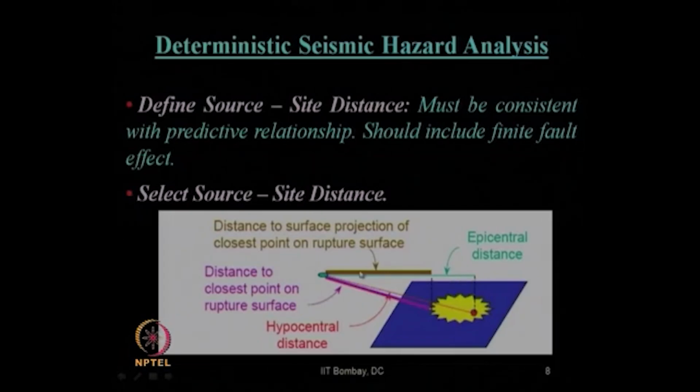If we consider the distance from site to the epicenter, that is known as epicentral distance. If we consider from site to hypocenter, it is hypocentral distance. We can consider the distance to the closest point of the rupture from the site, or the surface projection of that closest point to the site. So, these are various distances, and any of these we can consider depending on which predictive relationship we are going to use.